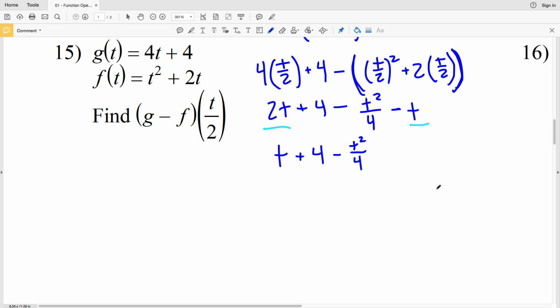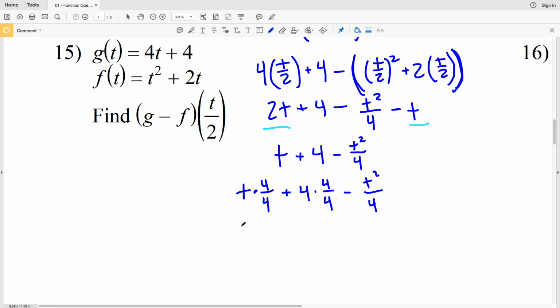Now, in order to completely simplify this, we're going to need to write these all with a common denominator of 4. So, multiplying t by 4 over 4, that's t times 4 over 4, plus 4 times 4 over 4, and I'll just rewrite t squared over 4.